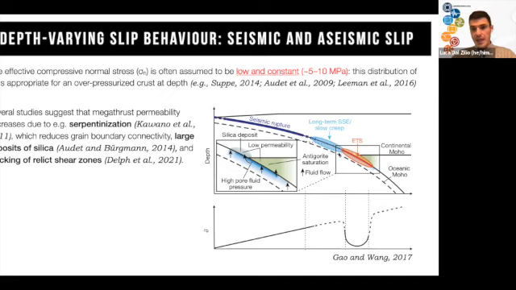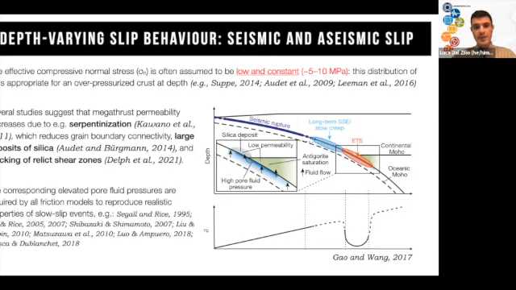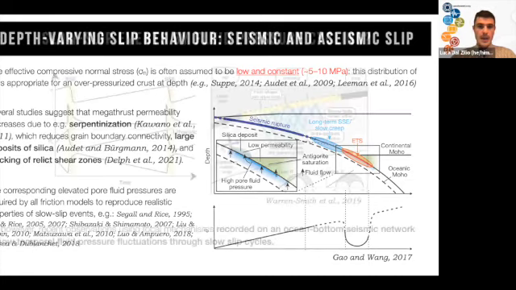Because of that, we can have a chronic region of the megathrust that is always at high pore fluid pressure. Therefore, this has been one of the justifications to assume a high pore fluid pressure in friction models, particularly in order to reproduce realistic properties of slow slip events. Here you can see a list of studies, but of course there are even more.